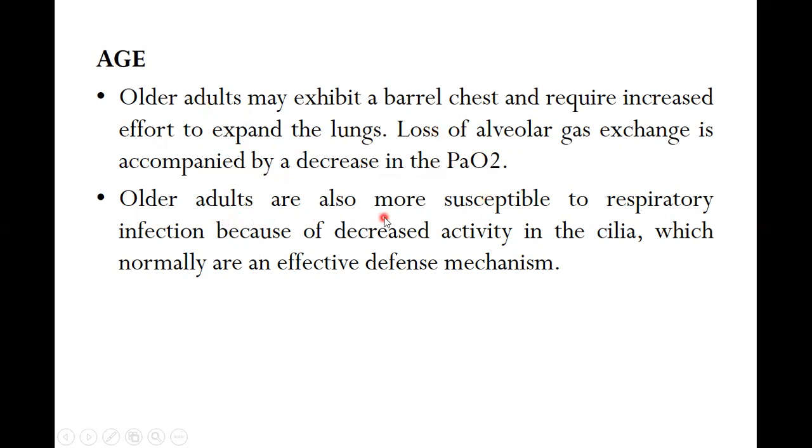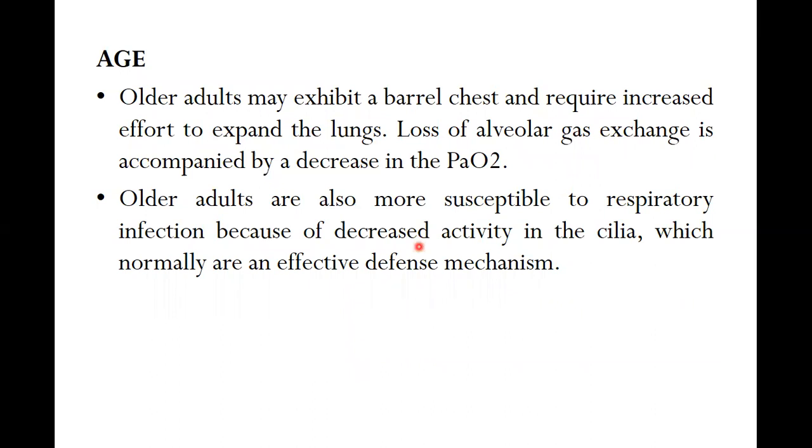So older adults are also more susceptible to respiratory infections because of decreased activity of cilia, which is found in the respiratory tract. And you know that cilia has what we call the mucociliary escalator mechanism, where the cilia keep wafting.